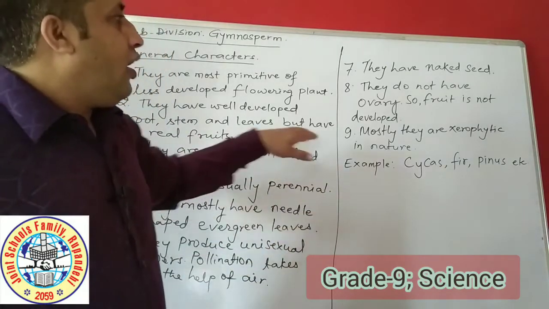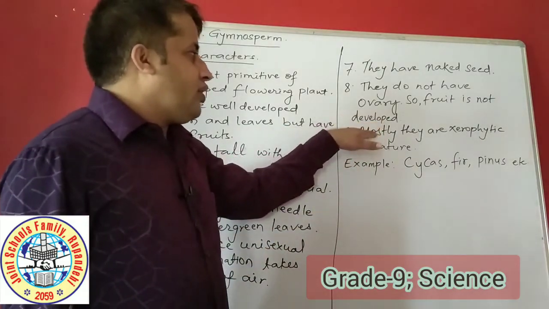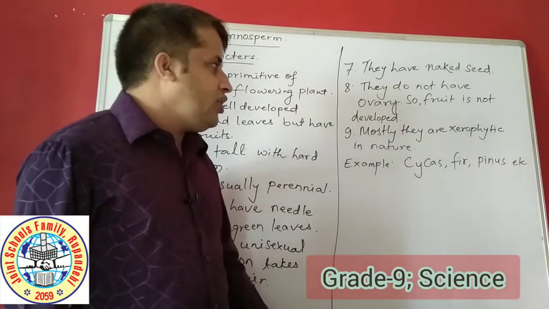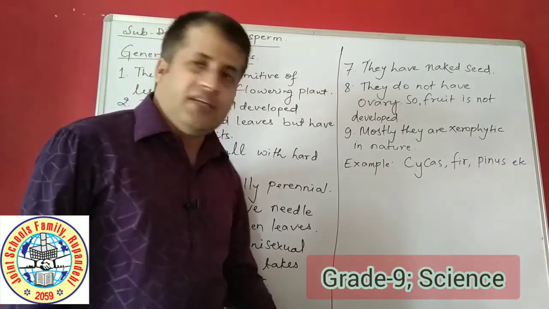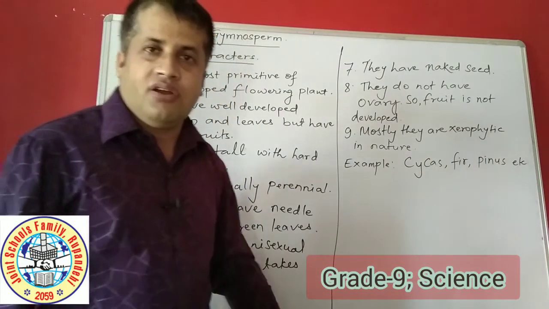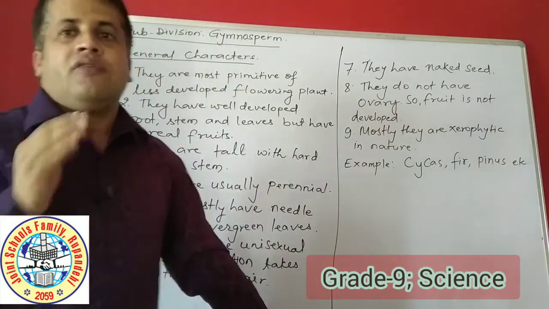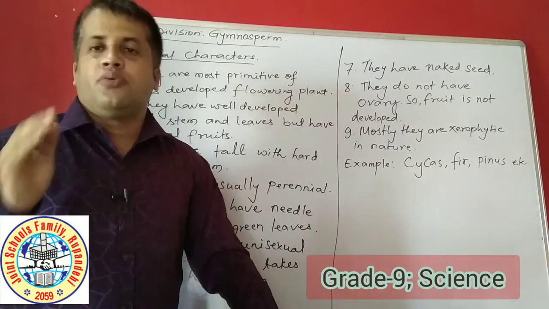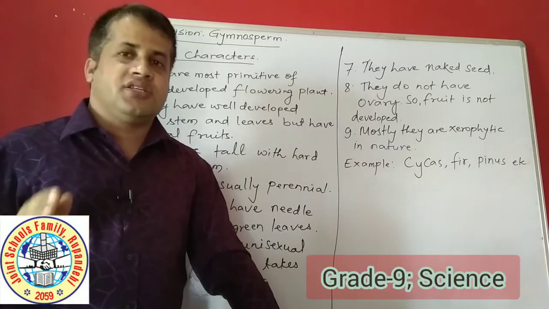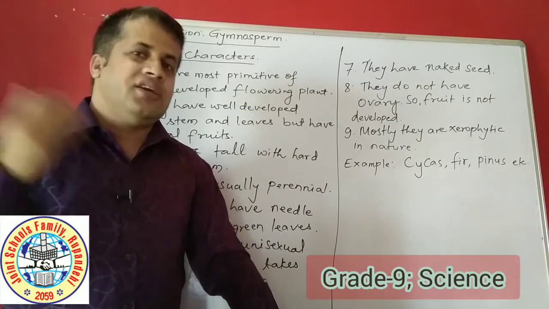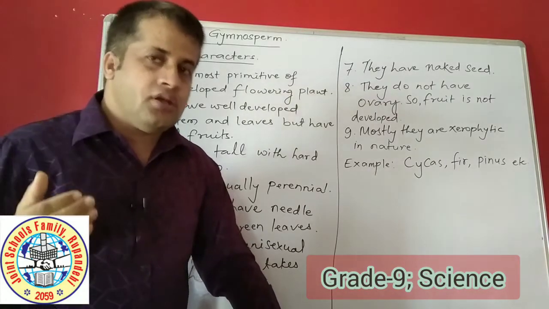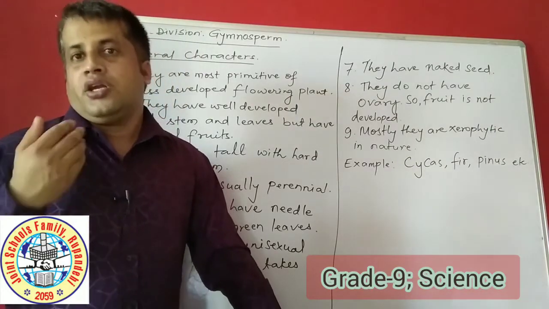Another characteristic is that mostly they are xerophytic in nature, as I have already mentioned, found in places where there is scarcity of water, either in the mountainous region or in the desert region.